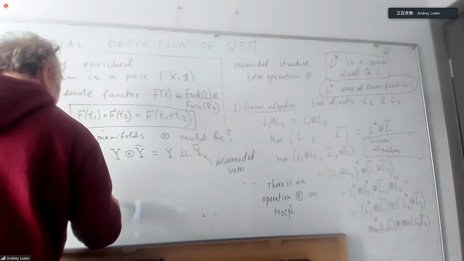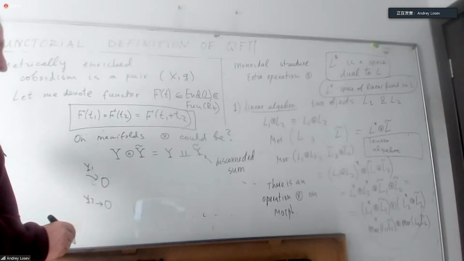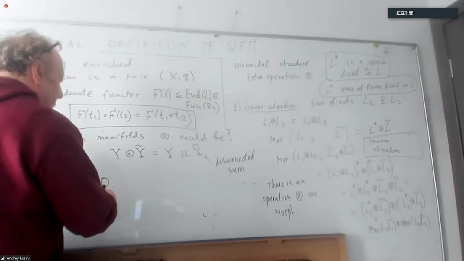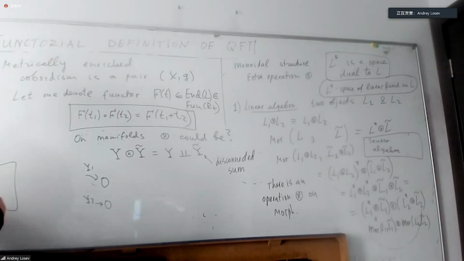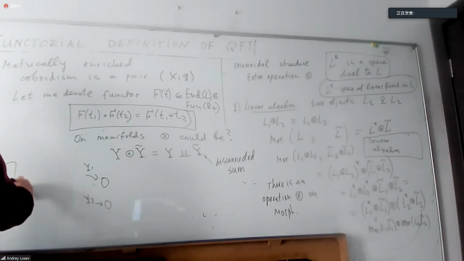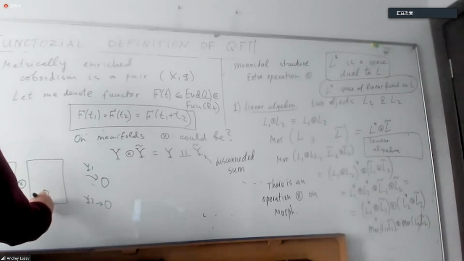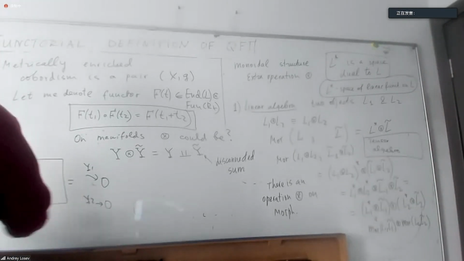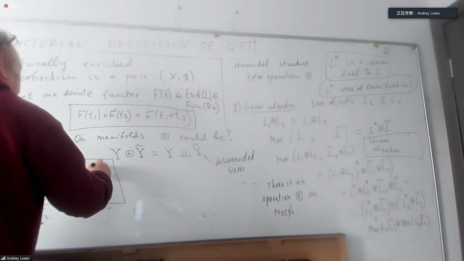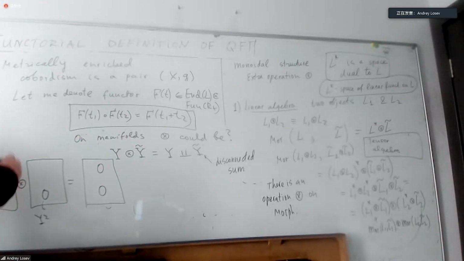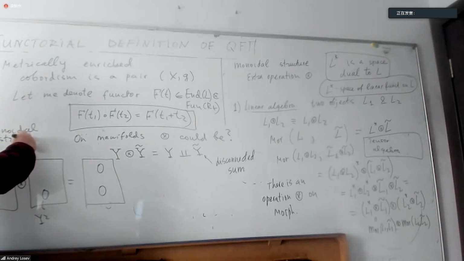So let this be Y1, this be Y2, and I have this structure. So this is the world where I have only Y1, tensor the world where I have only Y2, gets the world where I have both. Okay? So this is the monoidal structure on objects.